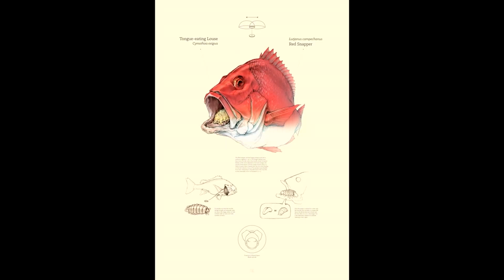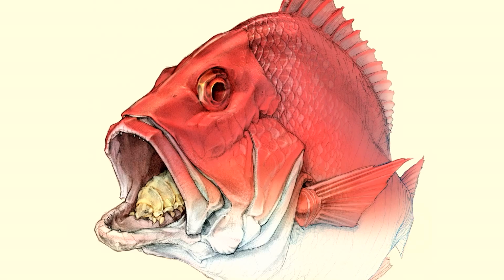I give you the tongue-eating louse and the red snapper. The tongue-eating louse is a pill bug-like isopod, and when it's small, it swims in through the fish's gills and latches onto the tongue.